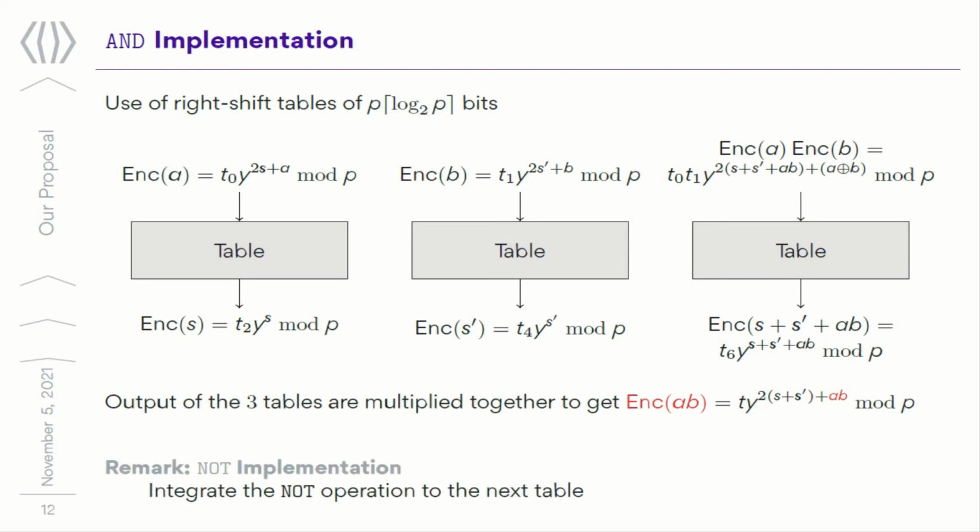We can remark that for the NOT implementation, we do not need a computation. Indeed, we just have to remember that we wanted to compute a NOT, and in the next table, we just have to take it into account. And so the tables will compute a NOT and the right shift.